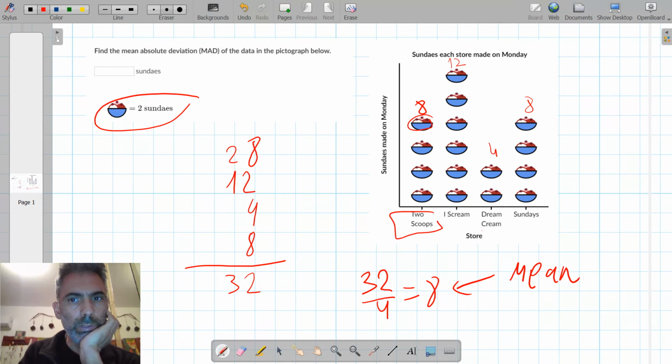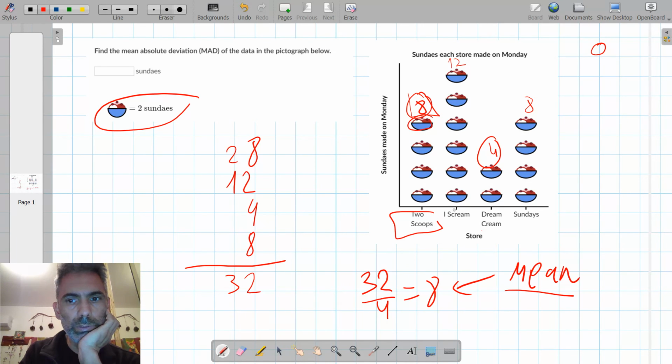So this store has no deviation, this store has a deviation of 4, because 12 minus 8 is 4. Again, the first store has a deviation of 0 because the mean is 8 and this store made 8, so this store has no deviation.